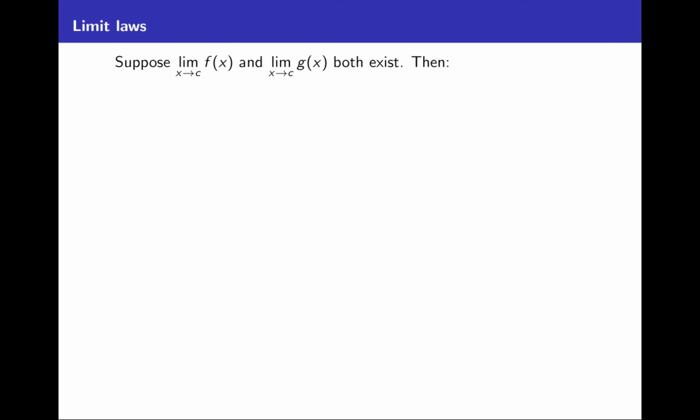For the next limit laws that will be on this slide, suppose that the limit as x approaches c of f of x and also the limit as x approaches c of g of x both exist. Then it should be clear that the limit as x approaches c of f of x plus g of x, the limit of the sum of these two functions, would be the sum: the limit as x approaches c of f of x, plus the limit as x approaches c of g of x.